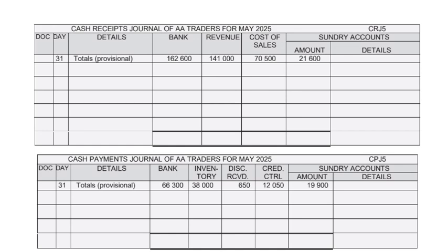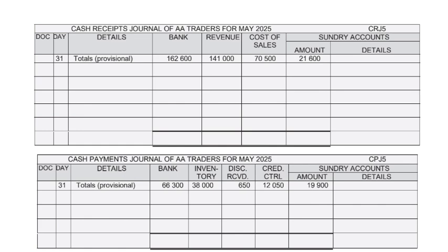Let's have a look at our 2 journals first. We're going to have a look at our cash receipts journal and our cash payments journal. Step 1 is you're going to put your provisional totals as your first entry for both journals. So at your cash receipts journal, the day was the 31st, your details will be provisional totals.